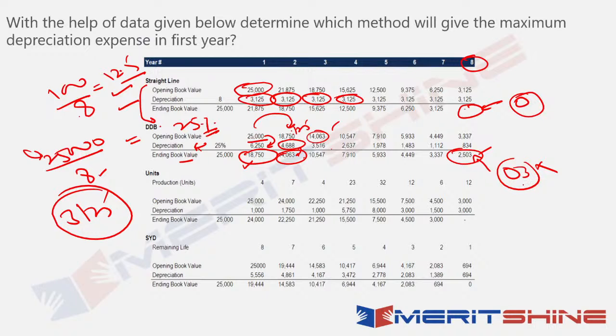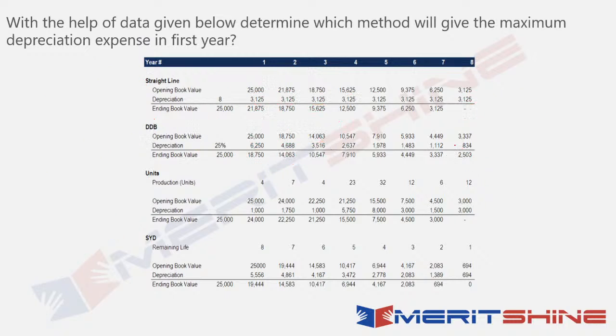It does not matter. But there is one trick which can come here: what if the final number you were getting was going to reduce the value below the salvage value? Let's say instead of 834, after depreciating you were getting 1834.